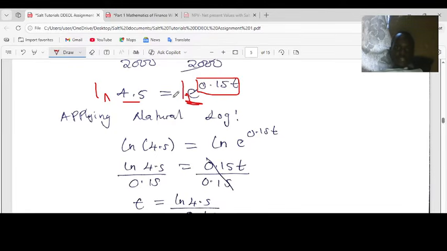Looking at properties of logs, if I have a log of this base with a power, this power can drop down, becoming 0.15t. According to the properties of log, natural log of e, every time just know that natural log of e should be equal to 1.